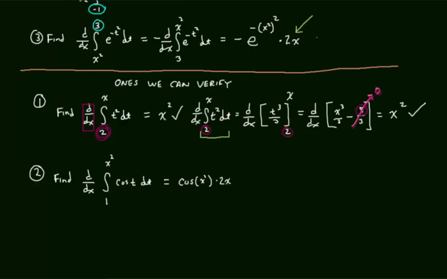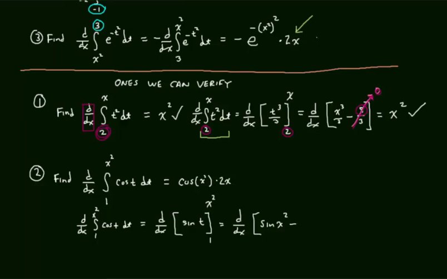Now I'm going to actually run through the process and rewrite it first. Okie dokie. Keep the derivative out front. I'm going to find the antiderivative of cosine t, which is sine t, and I'm going to take that from 1 to x squared. So keeping the derivative outside again, I'll have the sine of x squared minus the sine of 1, which is a constant.